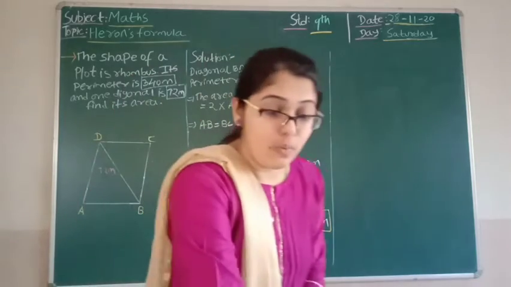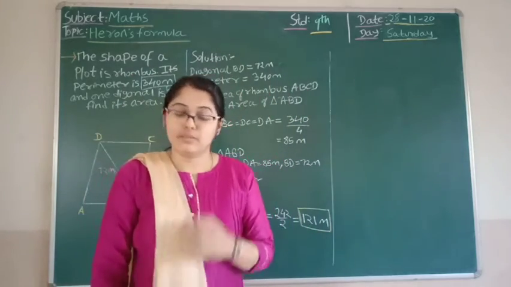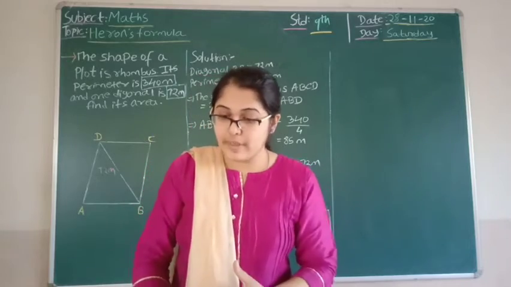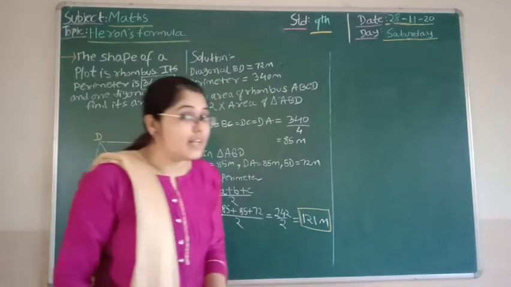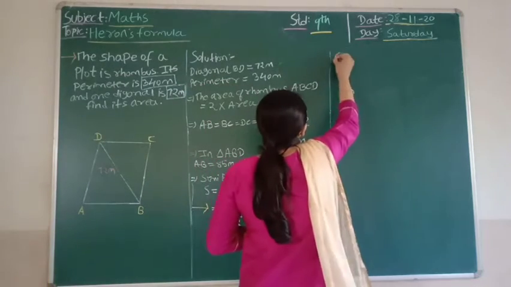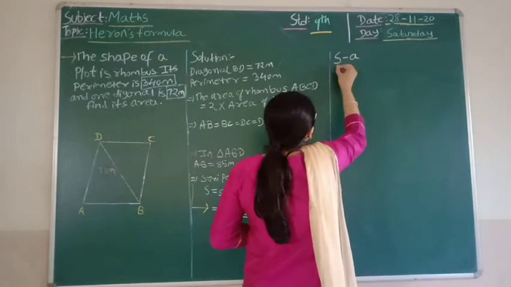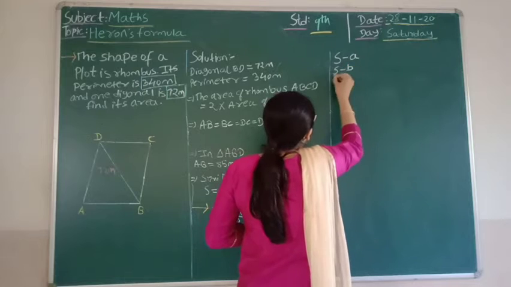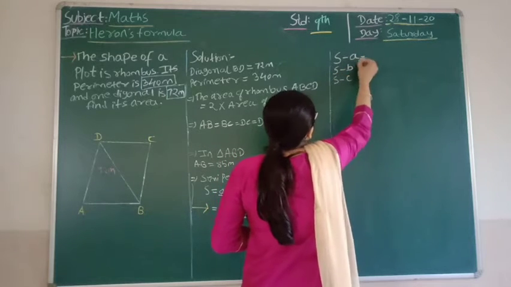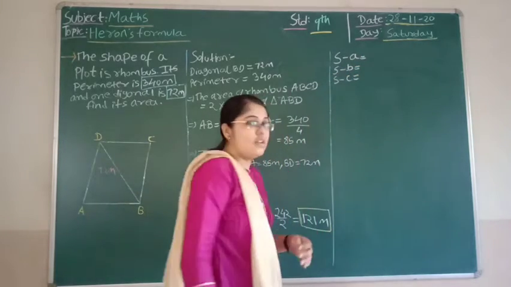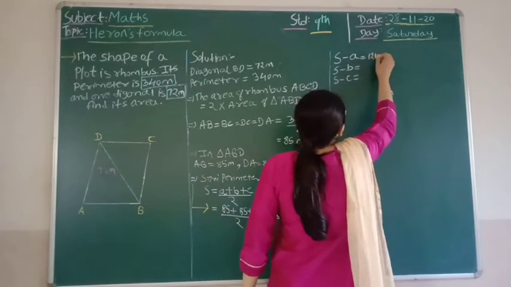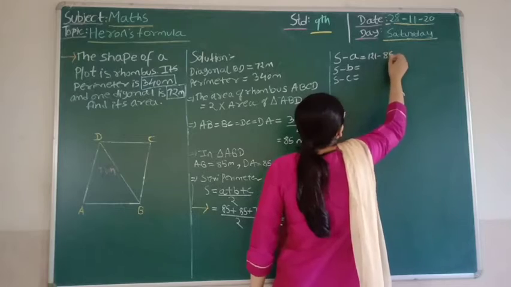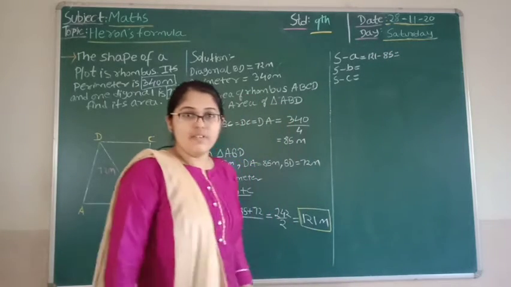So here we are getting the semi-perimeter is 121 meter. Now from the semi-perimeter we can find S minus A, S minus B and S minus C. So writing over here S minus A, S minus B and S minus C. So 121 minus 85.